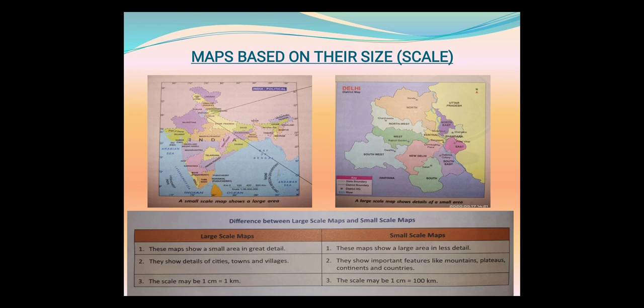Whereas small scale maps show a large area in less detail. For example, features like mountains, plateaus, continents, and countries. World maps and atlas maps are examples of small scale maps.